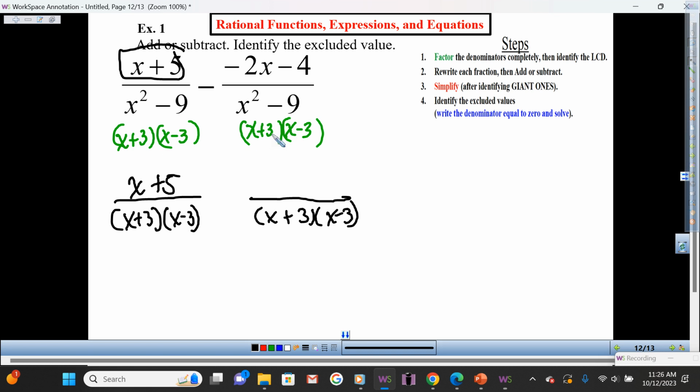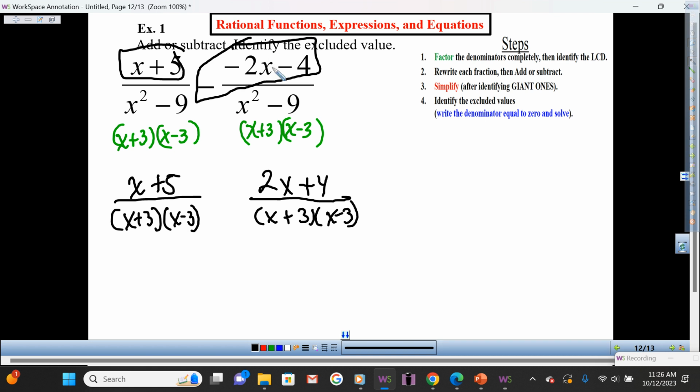Yeah, since we have the common denominators, we don't need to multiply times anything on the side. However, GCF would be what? Okay, so for right now, let's rewrite it, and then we'll do the simplification later. So, what would I write? Yes, 2x plus 4. That is correct.